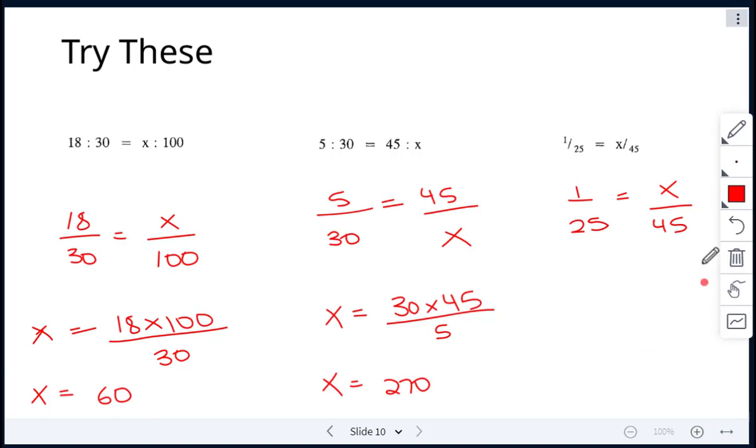And then our last one, our x is up here. So again, multiply the two numbers diagonal from each other. So 1 times 45, and then we're going to divide by 25. And for this one, you would have gotten a decimal of 1.8. All right, so we'll stop here for today.